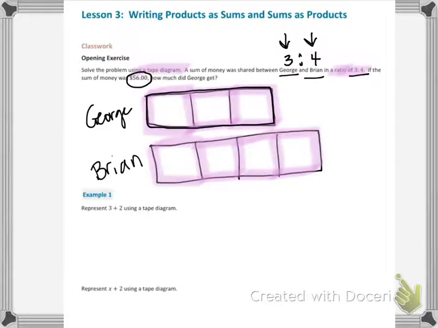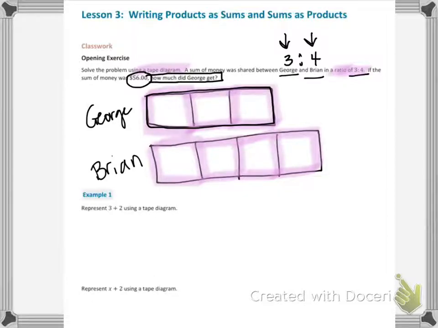Now the question asks, if the sum was $56, how much did George get? This is the question we are interested in answering, which is real important because very often, you will come up with some answer which may be right if a different question was asked.